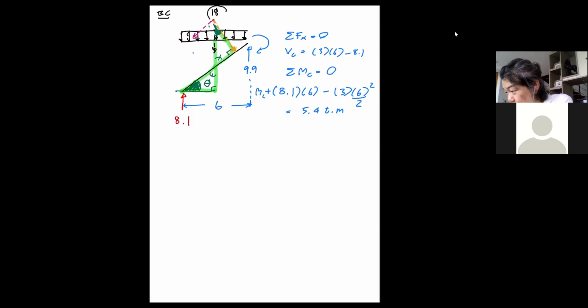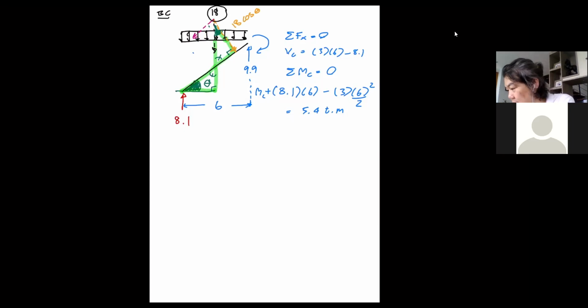That is your total load, okay? So the load that is perpendicular to the member becomes 18 cosine theta. Correct? That is your total load perpendicular to the member now.